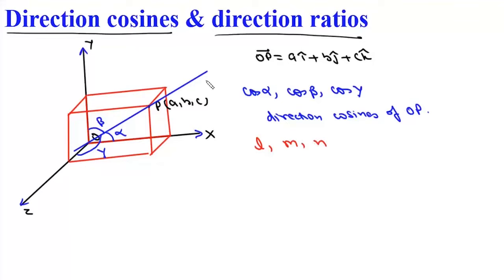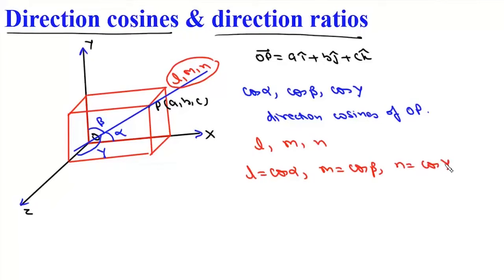So for any line, if we have to write direction cosines, then generally we take them as l, m and n, where l is cos alpha, m is cos beta and n is cos gamma. Now we know that the perpendicular from P on the x-axis will be this point, which is (a, 0, 0). In this right angle triangle OAP, this distance is a.